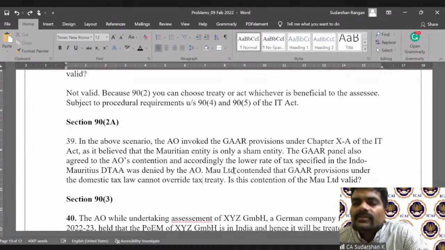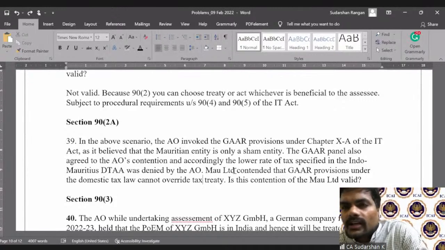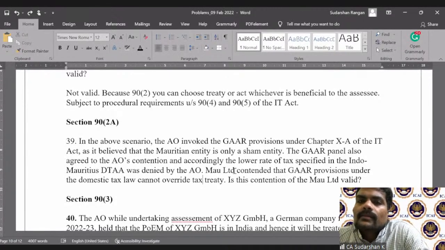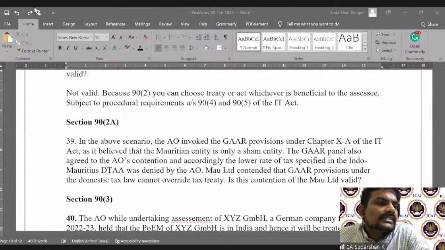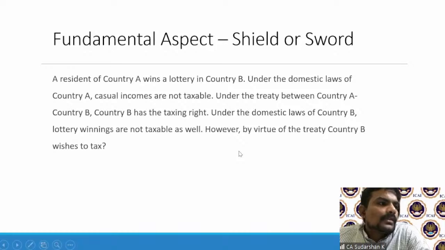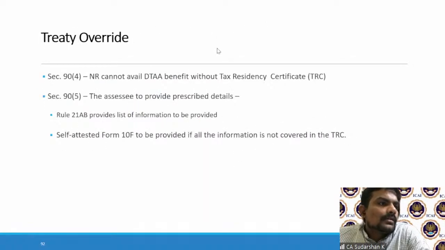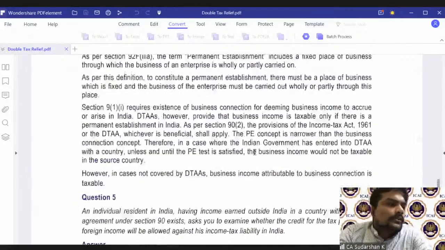When the treaty gives me the benefit, why are you doing a treaty override, that is, through the domestic Act? Now, this is to avoid such kind of questions.